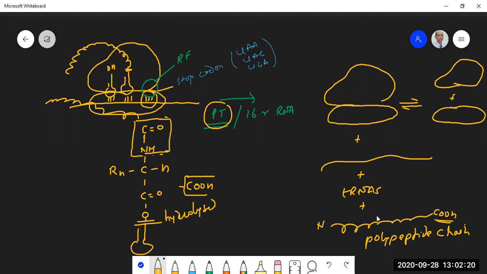So once the polypeptide chain leaves, it will be followed by the liberation of tRNA and the messenger RNA. All of them will leave, and the two subunits of the ribosome will get into the dynamic equilibrium. So this completes the protein biosynthesis. This is how protein biosynthesis is completed.